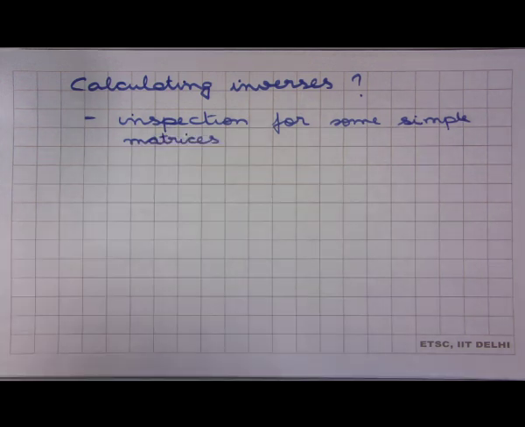Then there is using this definition of the adjoint and the determinant, which has a plus point that it also gives you whether we should calculate the adjoint or not just by checking that the determinant is 0. It gives you a condition for the existence of the inverse.